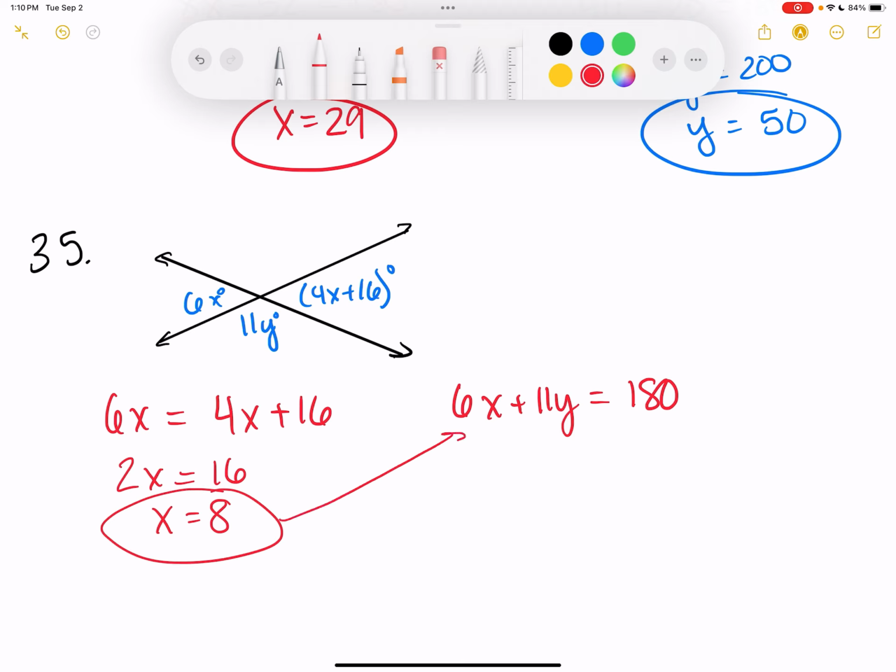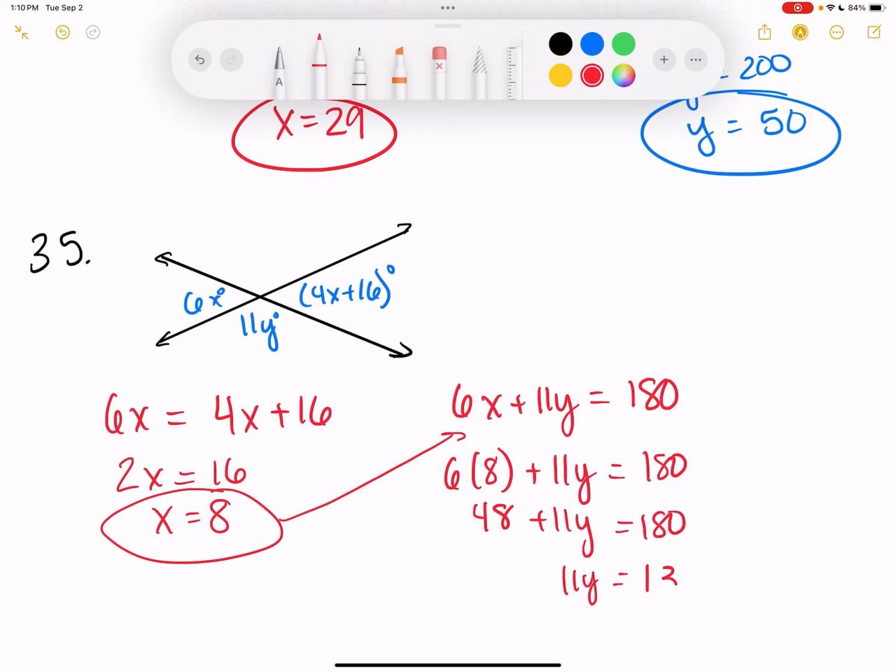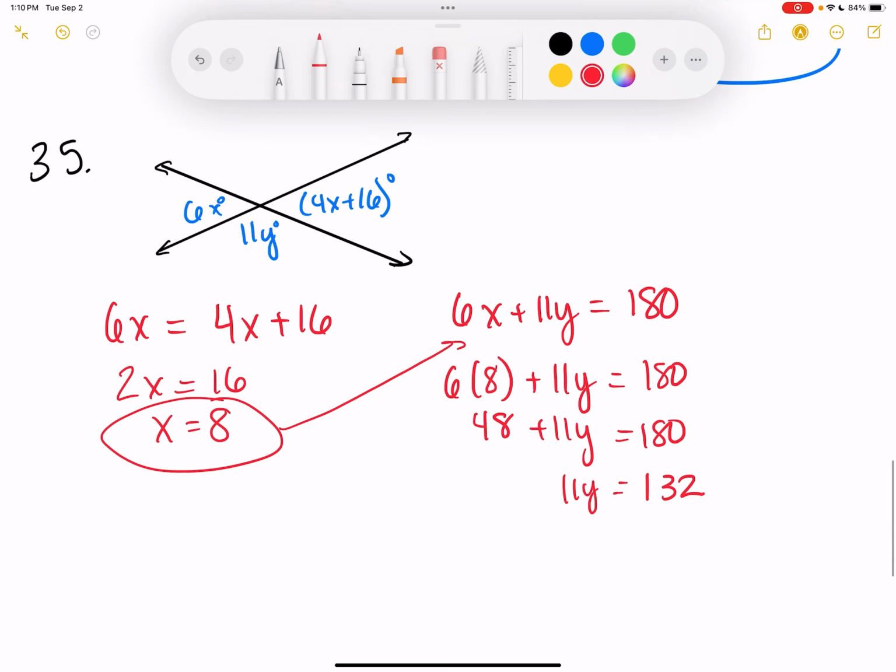So 6 times 8 plus 11y equals 180. That would be 48 plus 11y equals 180. 11y equals 132. Then divide by 11, y equals 12. So that would be the value for y. So that one required us to find one piece first to be able to find the other one, right? Because we can't find x and y at the exact same time.